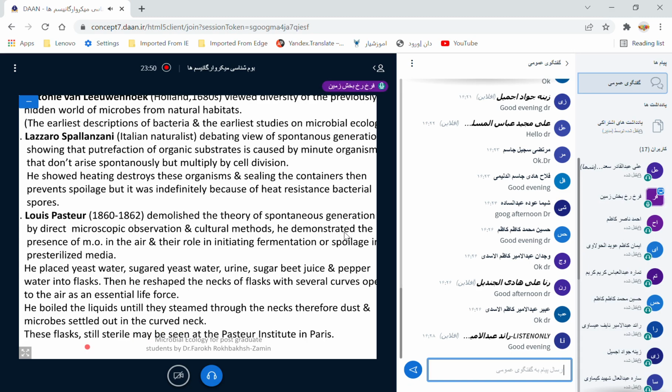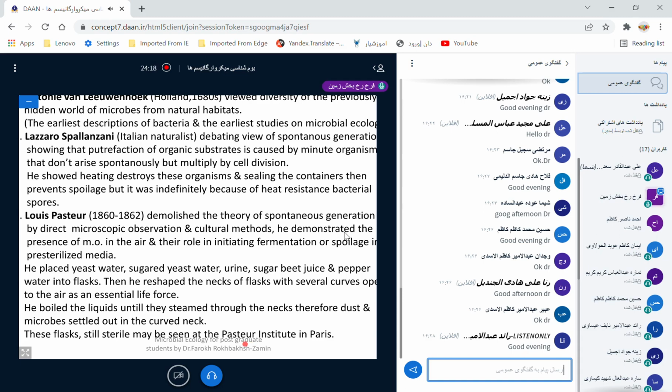This is interesting. This is in the Institute in Paris. Till the end of its life, the liquid stays free, and new microbes can be present in the liquid.